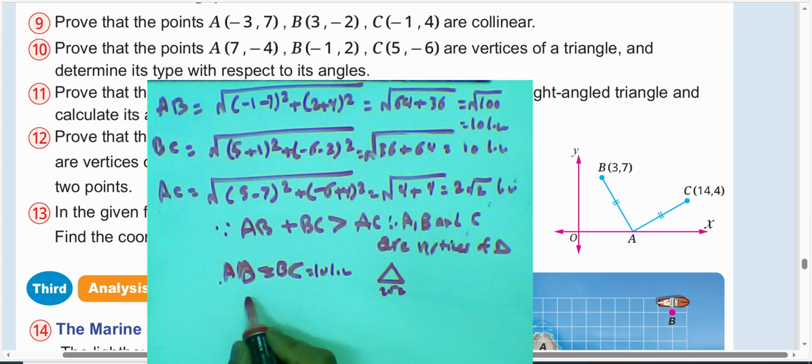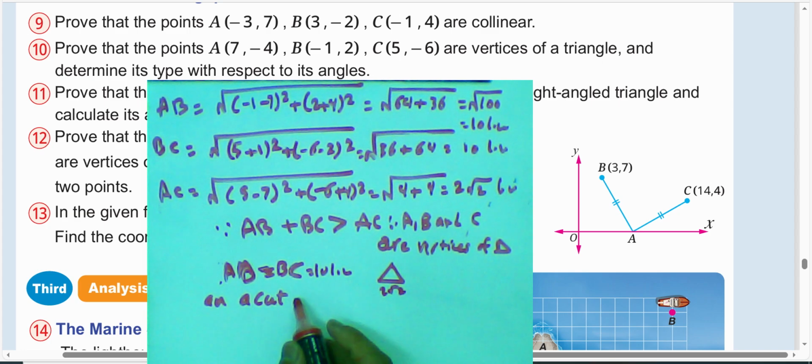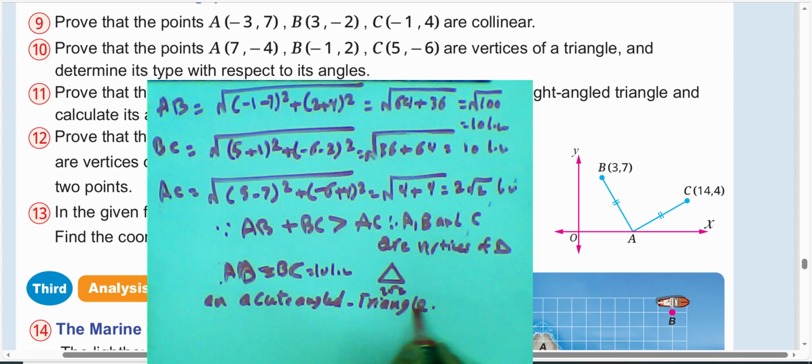Then we have an acute angle triangle. Okay, this triangle is an acute angle triangle. Understood?